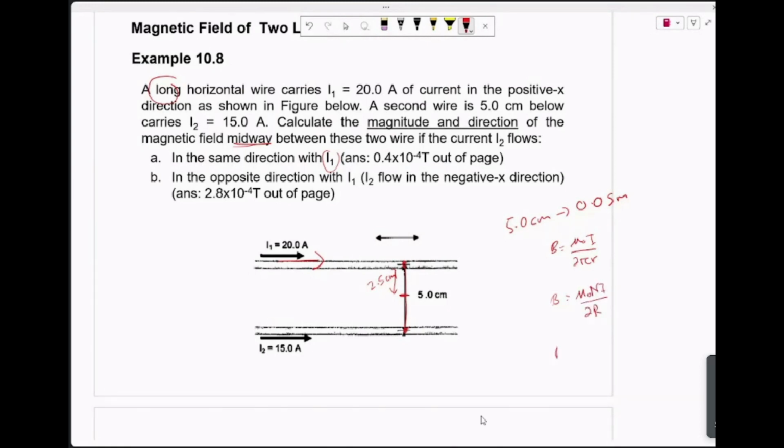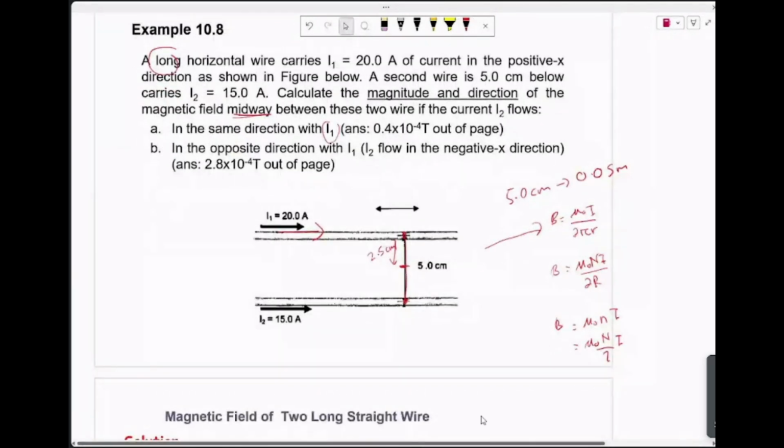And another one is for a solenoid, where B equals mu naught n I, or this can also be written as mu naught N over L, the length of the solenoid, multiplied by I. So only these three. If you look at these conditions, which one fits this situation? It's going to be this equation.